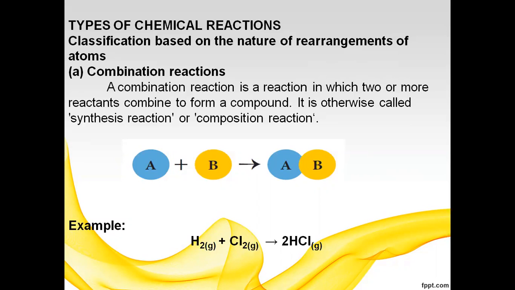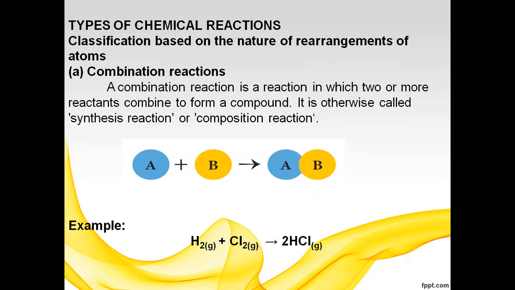The atoms involved in the process of a chemical reaction are rearranged and form new molecules. That's one point. The next one is that old chemical bonds between atoms are broken and new chemical bonds are formed.